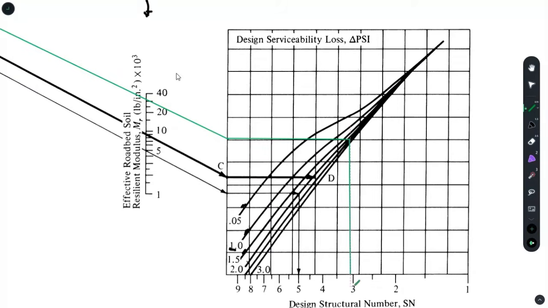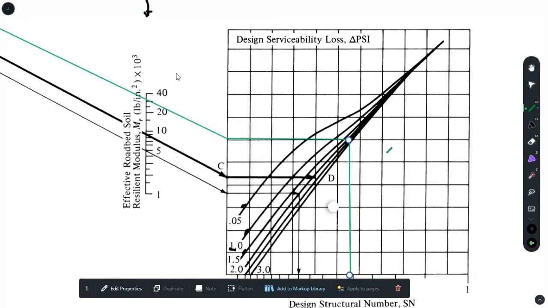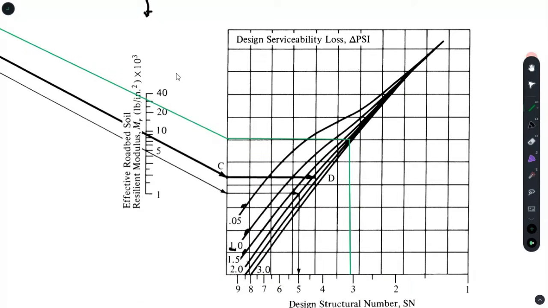Let's say the point is somewhere over here. And let's say the value is, let's say our SN1 is 3.2. I'm writing 3.2 because I calculated that before and it was 3.2. So you may call it 3.1 or 3.15 or something like that, but let's call it 3.2.